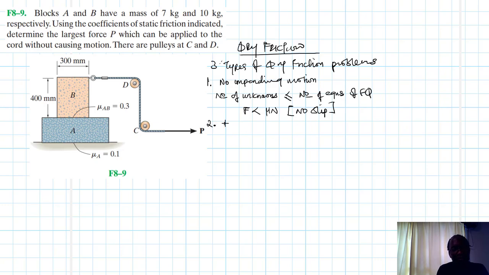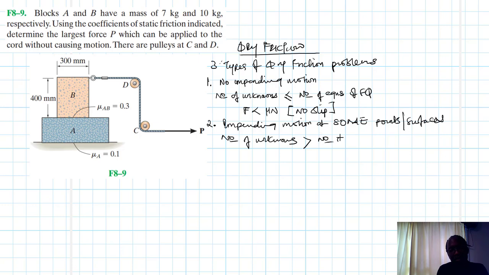The second type of problem is where we have impending motion at some points. These are contacting points or surfaces. In this particular case, the number of unknowns is greater than the number of equations of equilibrium.